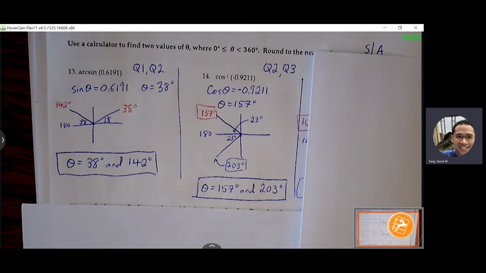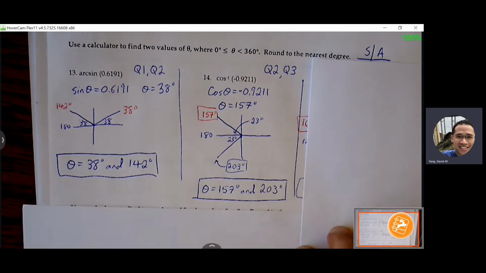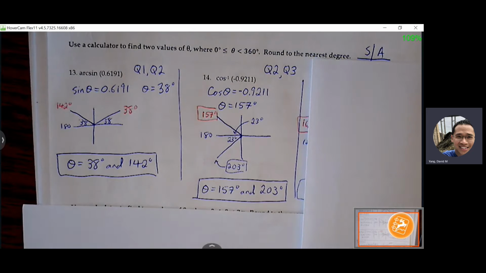But we have to go through that additional step of figuring out that reference angle so that we can use it to help us move to the third quadrant for our second answer. You're going to experience a similar thing with number 17, but it's going to feel more abstract with radians, but it's the same process as what you did with 14.